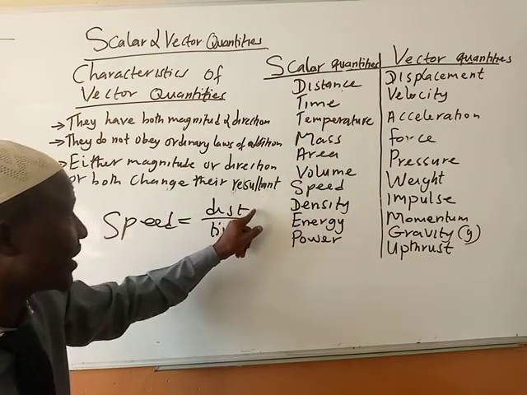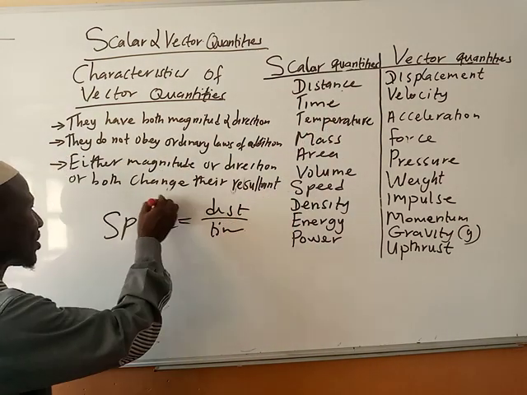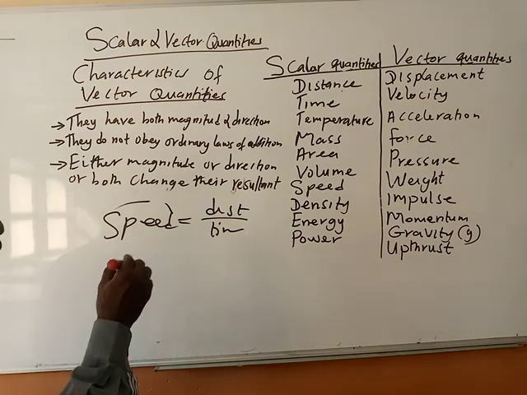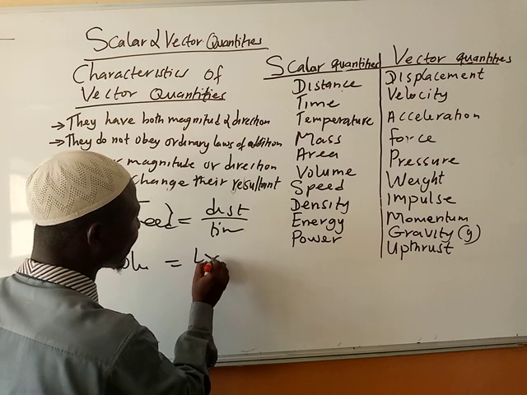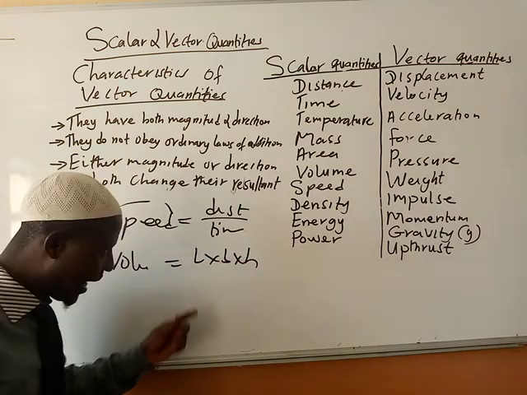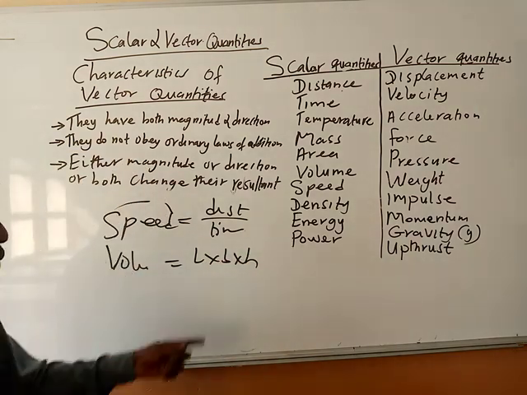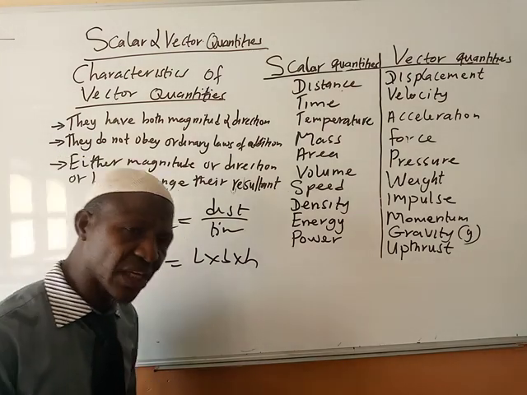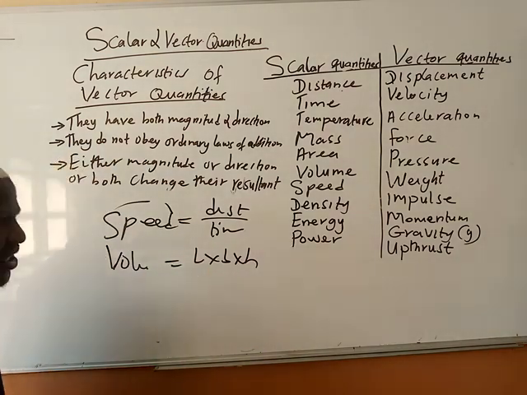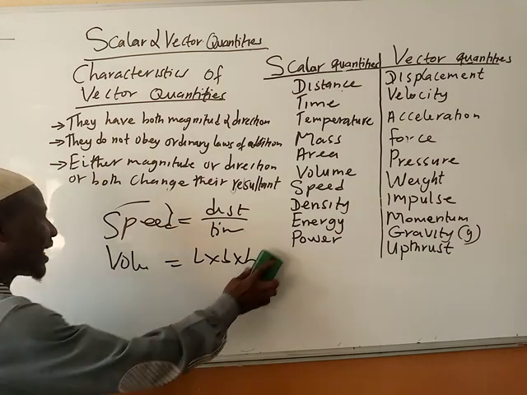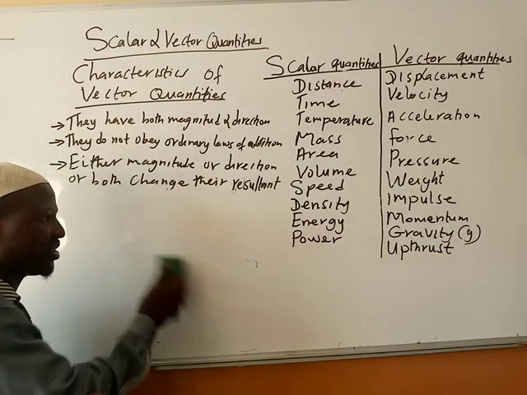So combination of scalar and scalar will give us scalar quantity. Another one is volume. Volume is length times breadth times height. Length is scalar because it's a distance. Breadth is also scalar. Height is also scalar, it's a distance. So combination of them will give you volume, which is also what? Scalar quantity.